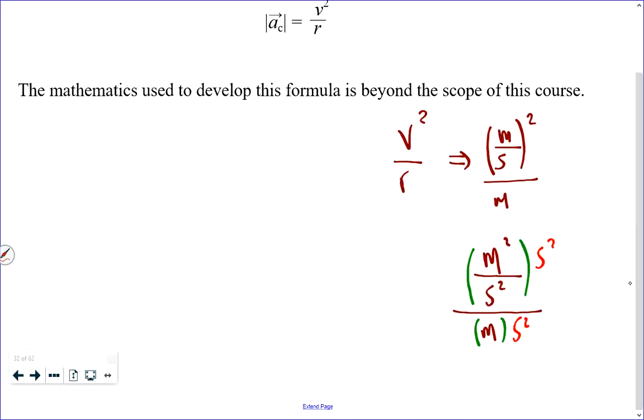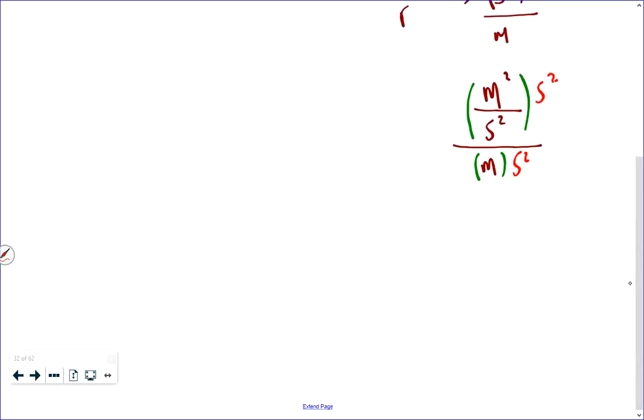Then you get canceling happening, and you have meters squared over meters times seconds squared, but then a meter on the top and the bottom cancels, and you're left with the units of meters per second squared. Again, that's not meant to prove that the formula works. It's meant to demonstrate that we get the same units.